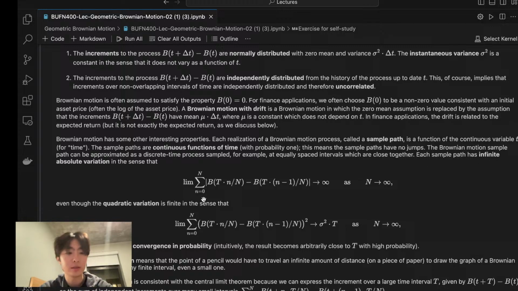And the Brownian motion sample path can be approximated as a discrete time process sample, for example, at equally spaced time intervals which are close together. Each sample path has infinite absolute variation in the sense that the limit of the sum of |B(t_n) minus B(t_{n-1})| goes to infinity.